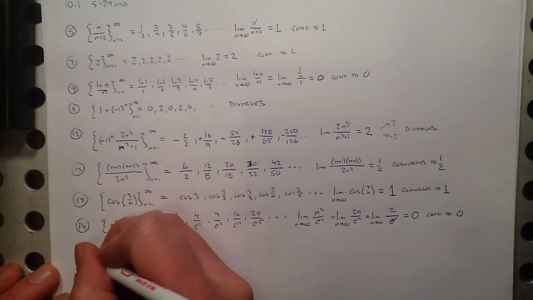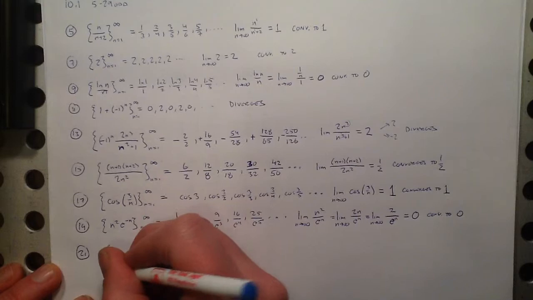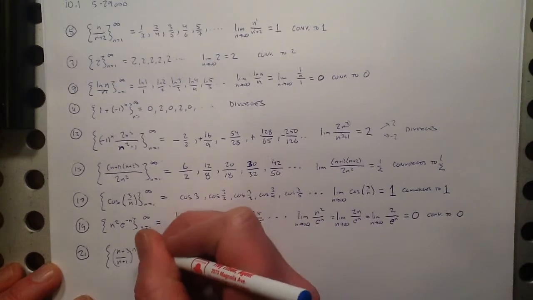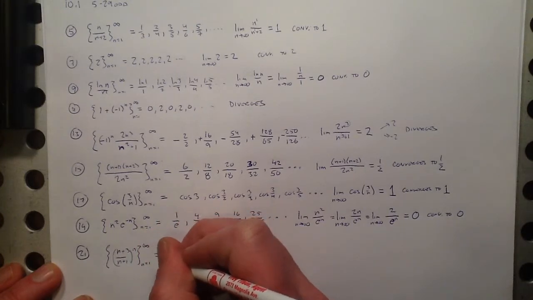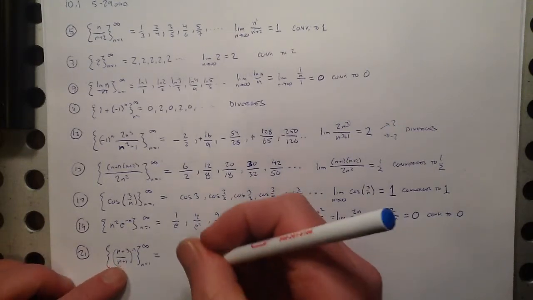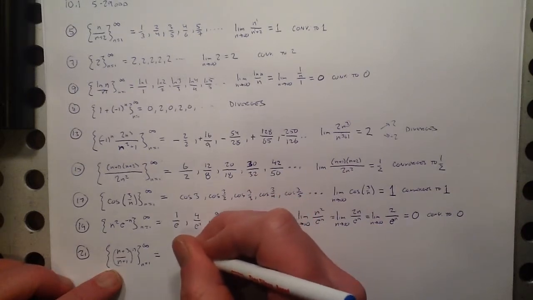And number 21, this is the last one of this type of problem. So we have n plus 3 over n plus 1, all to the n power, n equals 1 to infinity. When I plug in 1, I'm going to do the inside parts first.